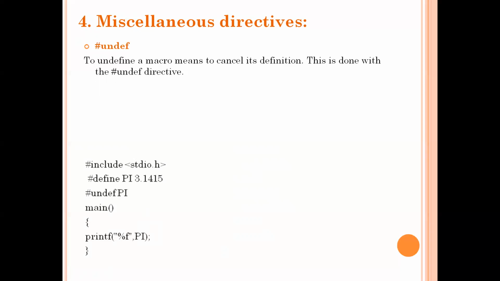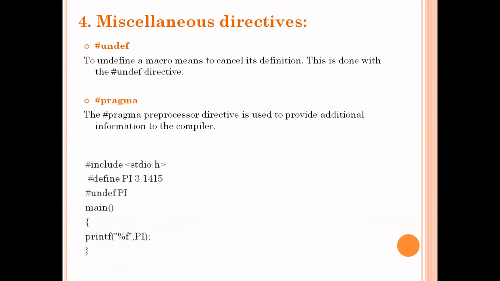Next see the second miscellaneous directive, that is the pragma directive. This pragma preprocessor directive is used for giving some additional information to the compiler. Other than its job, what is the job of the compiler? The compiler compiles each and every statement and converts it into machine readable format.